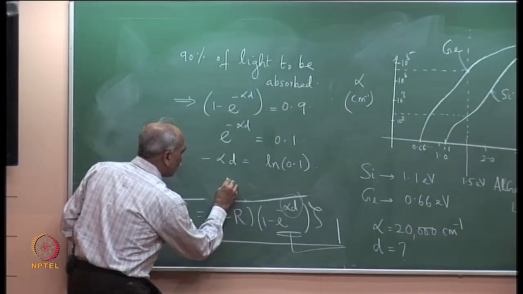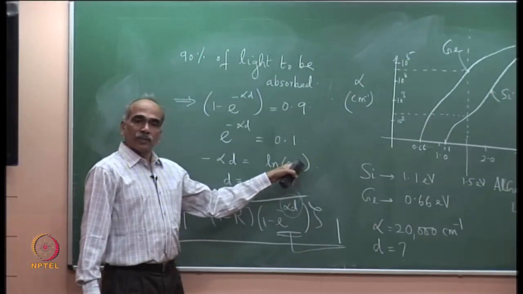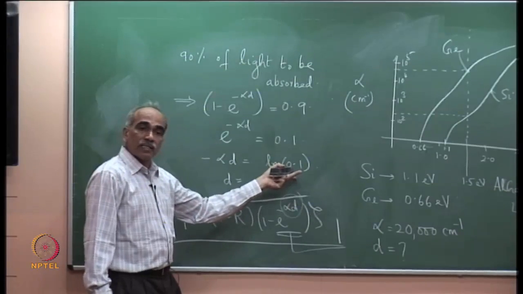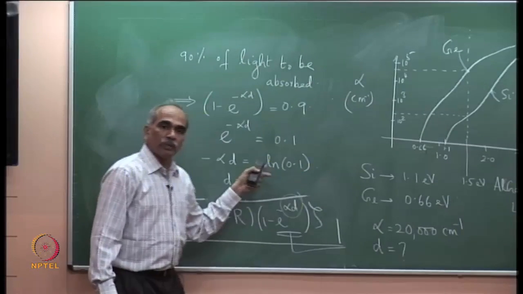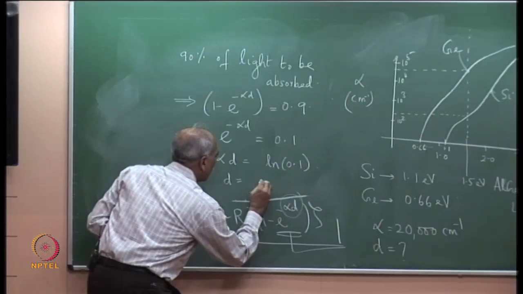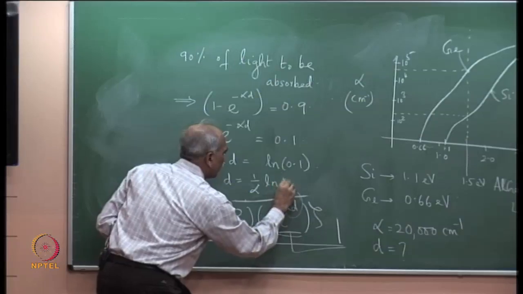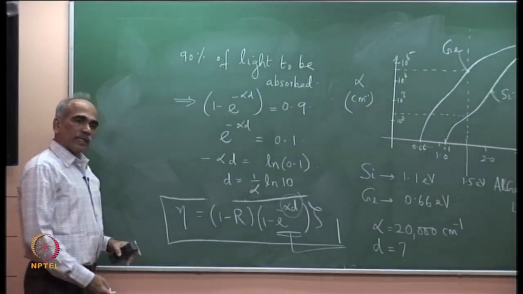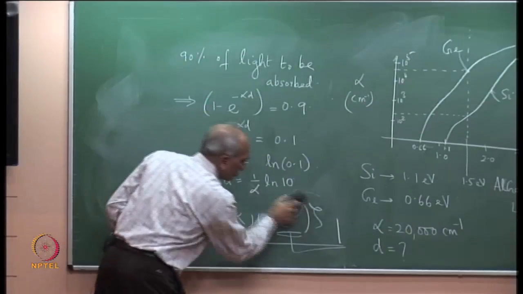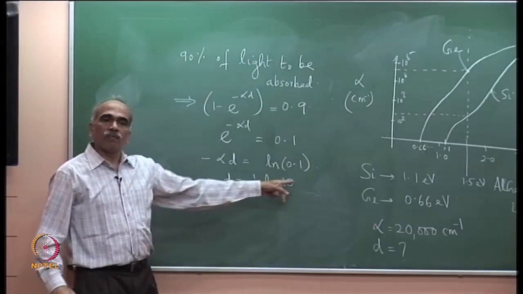Therefore, you can find d is equal to minus ln 0.1, or I can write this as ln 10, so it will become positive, and therefore, I have d is equal to 1 over alpha into ln 10. Is this correct? d is equal to 1 over alpha into ln 10.